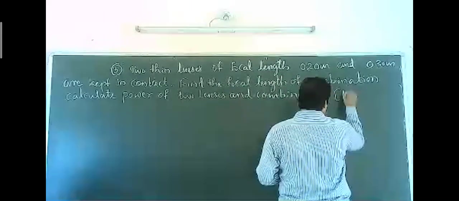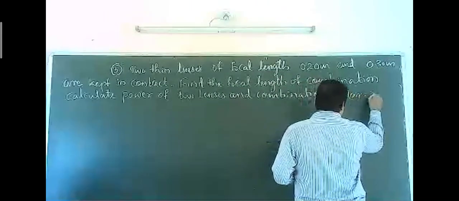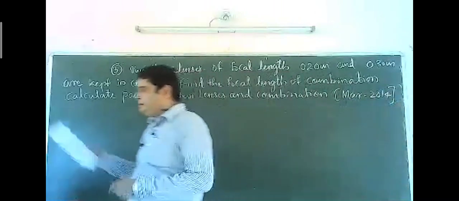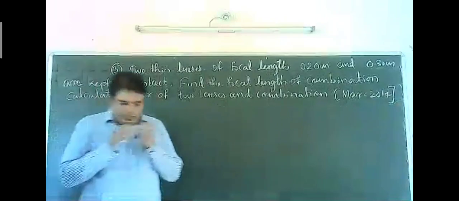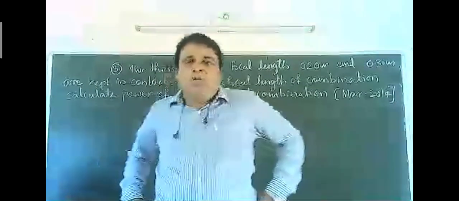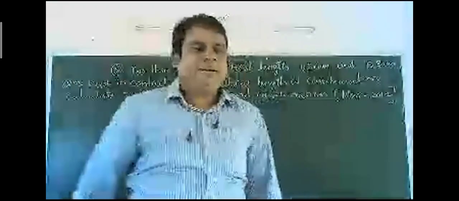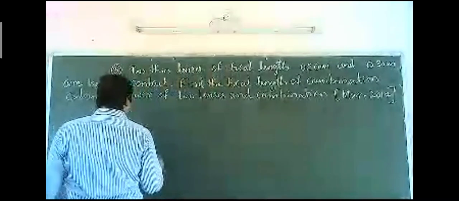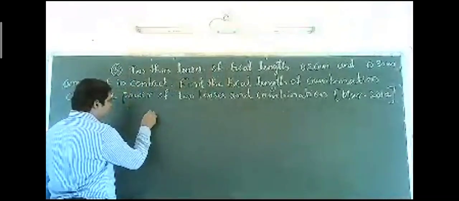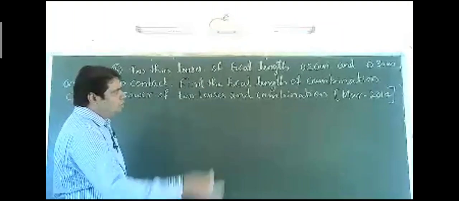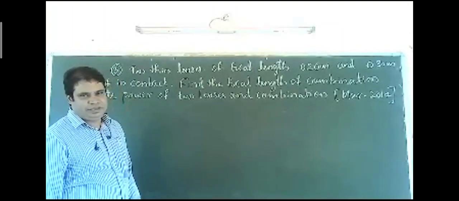March 2014. Question: two thin lenses are kept in contact, of focal length 0.20 meter and 0.30 meter.